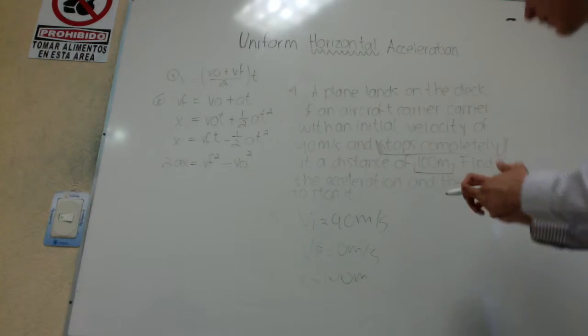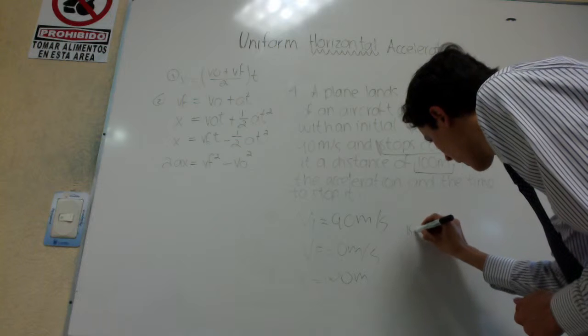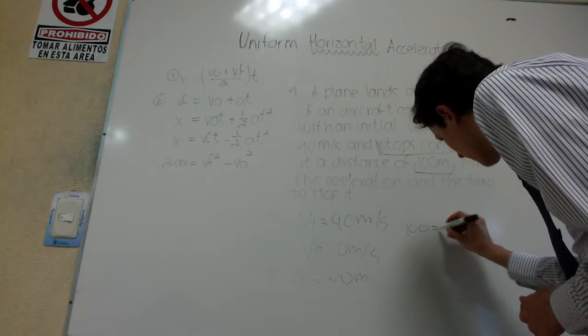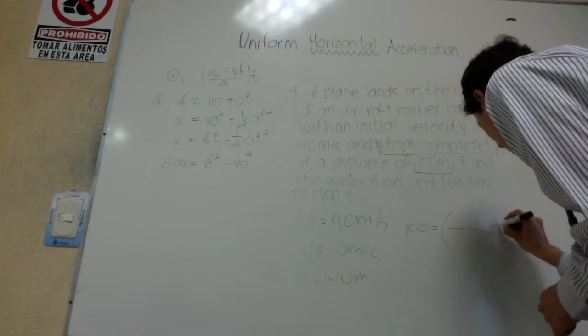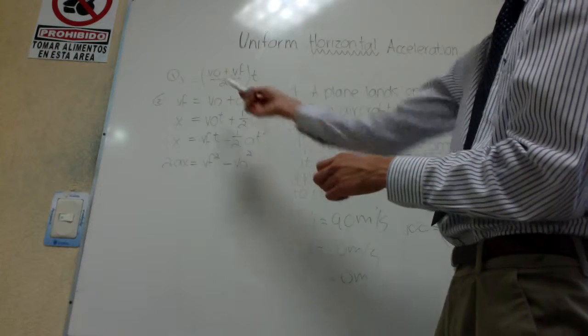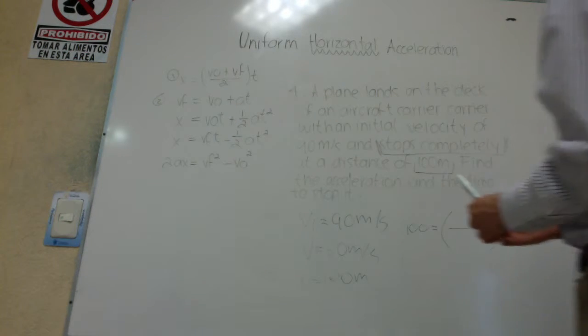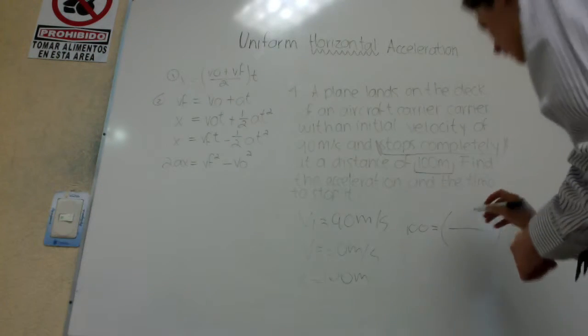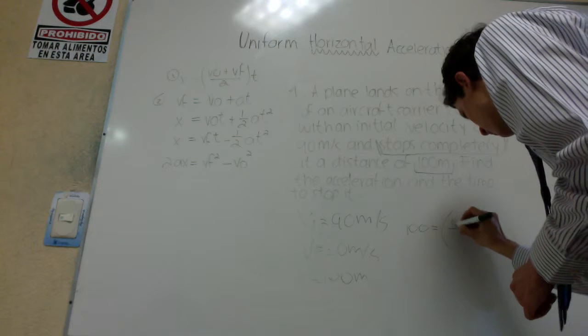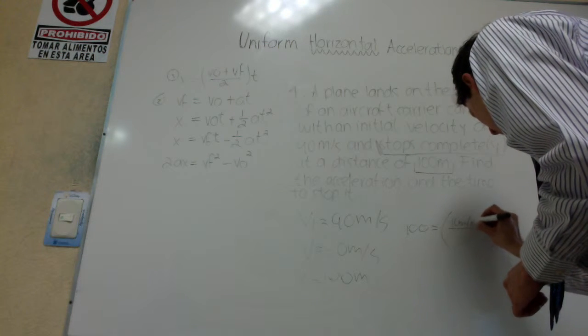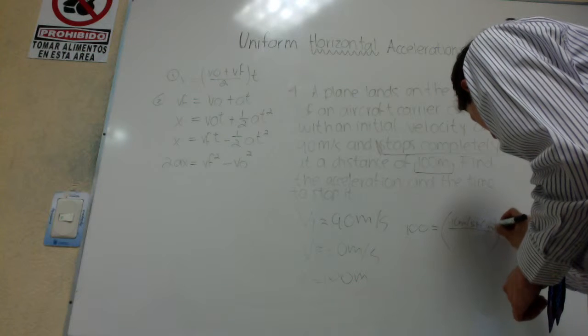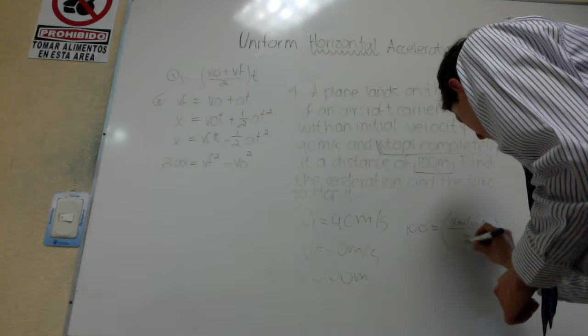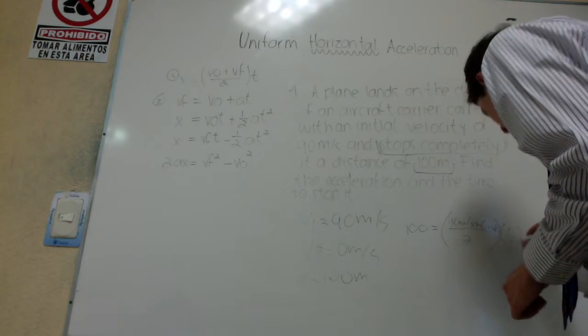So it will be distance, 100 meters, is equal to the initial plus final velocity. The initial velocity is 90 meters per second, plus final velocity of 0 meters per second, over 2, times time.